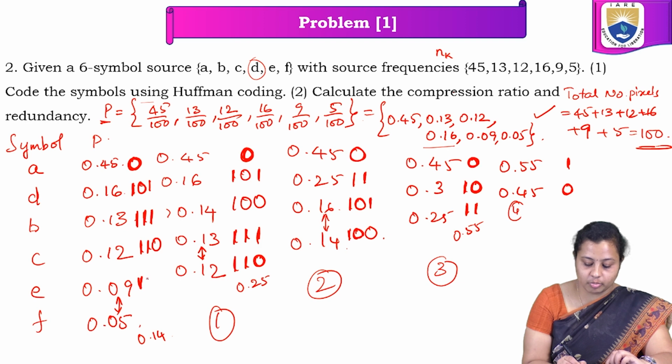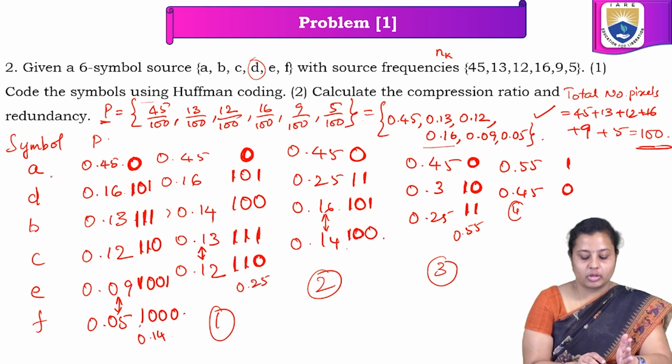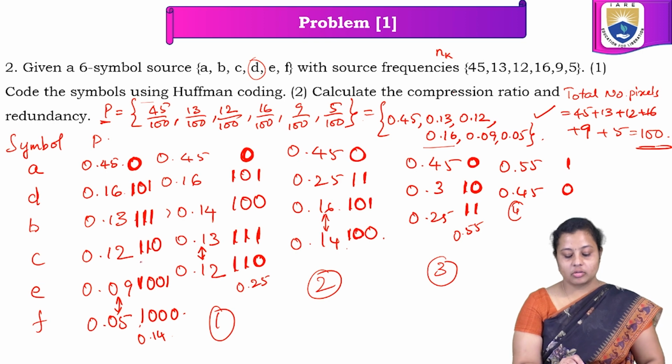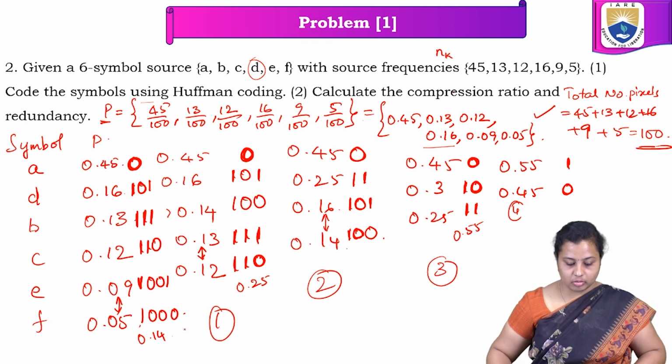So that is equal to 1001, 1000. So this is your code. Every symbol is coded now. So A is coded to be 0, D is coded to be 101, B is coded for 111, C is coded to be 110, E is coded 1001, F is coded for 1000. Right?